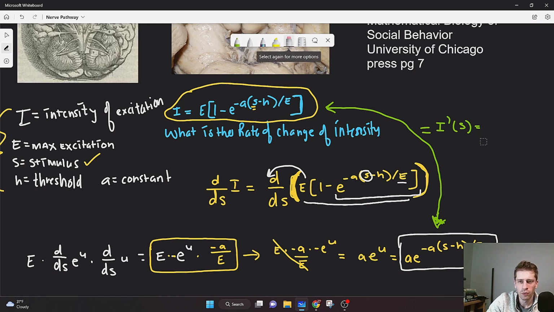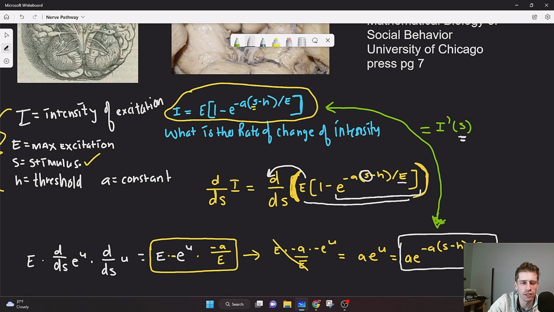And so we could plug in any number of input data points for S, and we can find the rate at which the intensity of the excitation is changing for that given data point.